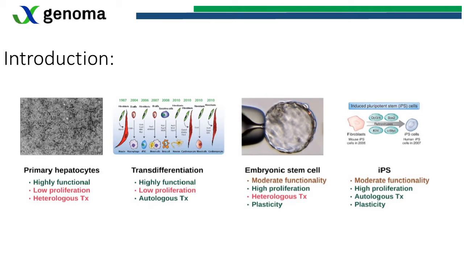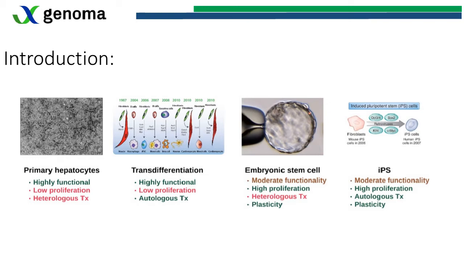But we also have what we call transdifferentiation protocols, which is the introduction of a few genes that could transform perhaps a fibroblast towards a hepatic phenotype, such as hepatocytes. This transdifferentiation protocol leads to the generation of highly functional hepatocytes, but they still have very low proliferative ability.